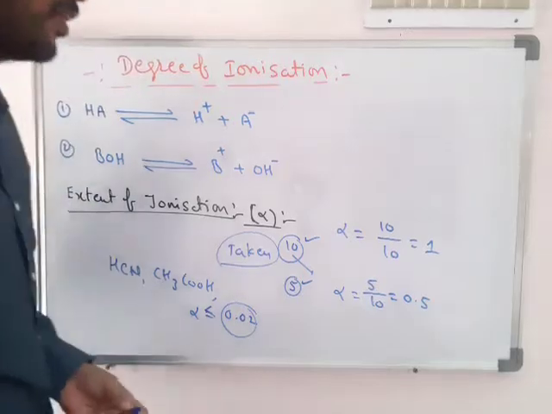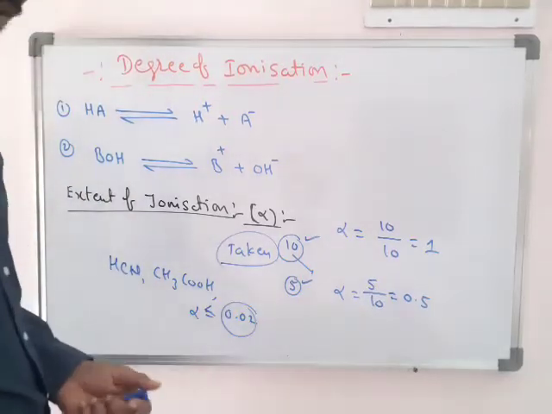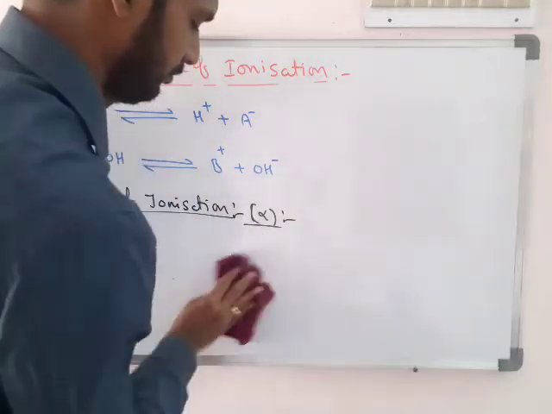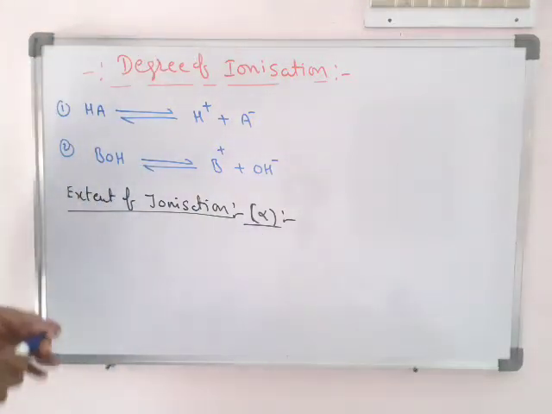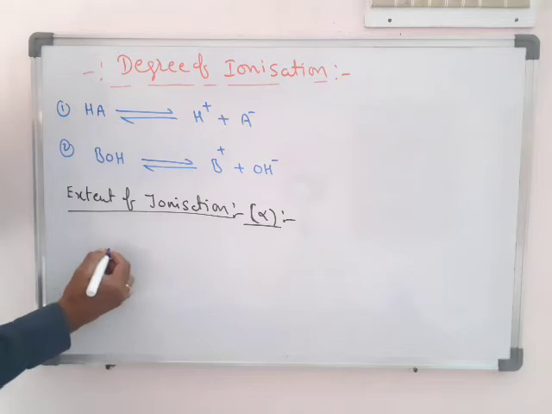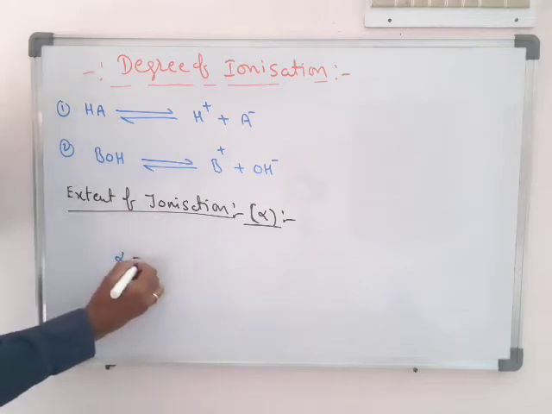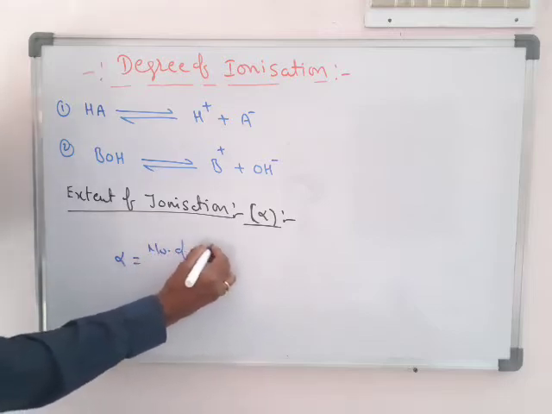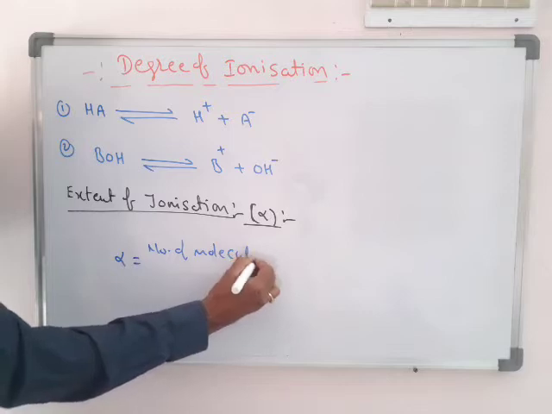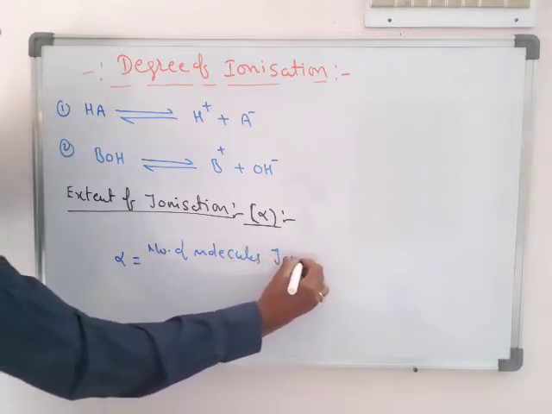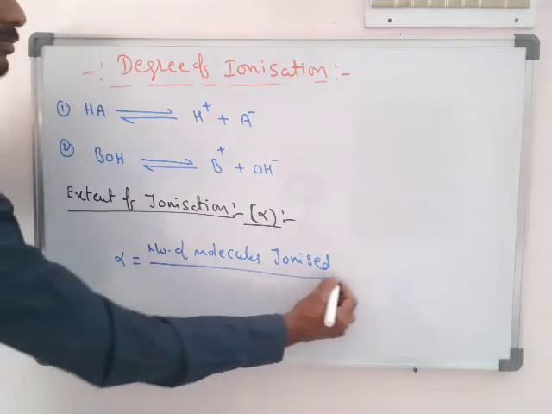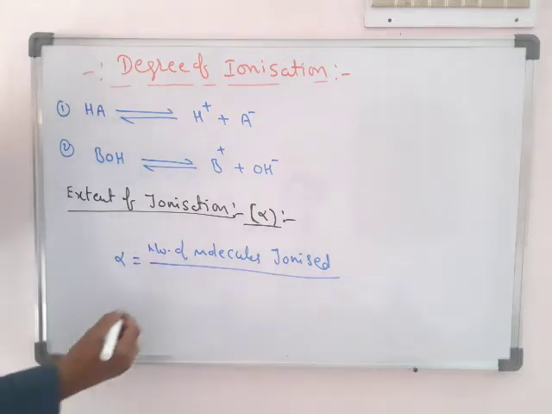Now we can write the formula for alpha. The extent of ionization, alpha, is equal to the number of molecules ionized divided by the number of molecules taken.